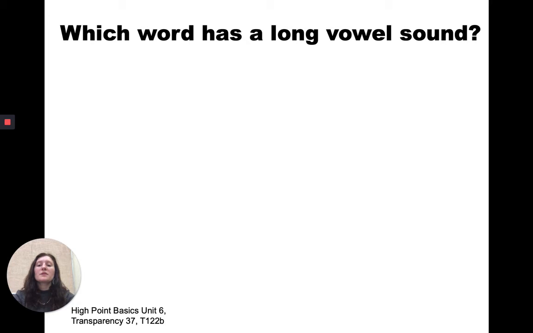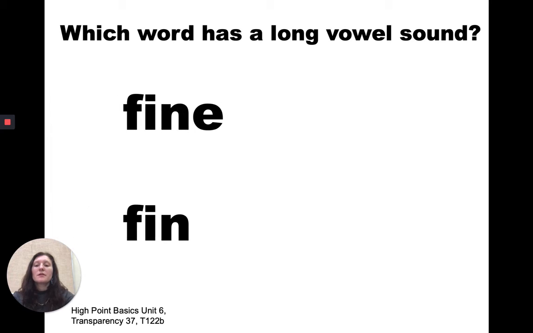All right, so which word has a long vowel sound? So we have the word fine and the word thin. So which word do you think has the long vowel sound in it?